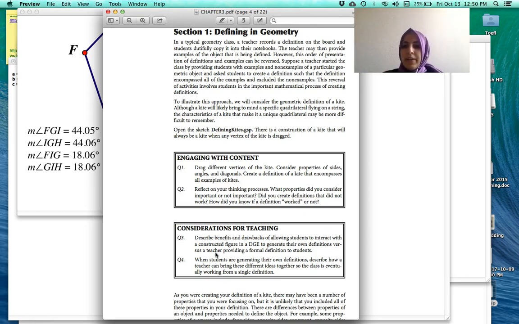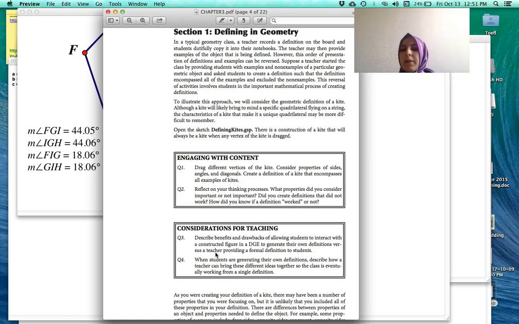I think having students construct a kite to find a definition is very helpful for them to create a definition that makes sense easily in their minds. They can find a proof by using DGE and then generate their own definition, even if it is wrong. They will be able to correct themselves.